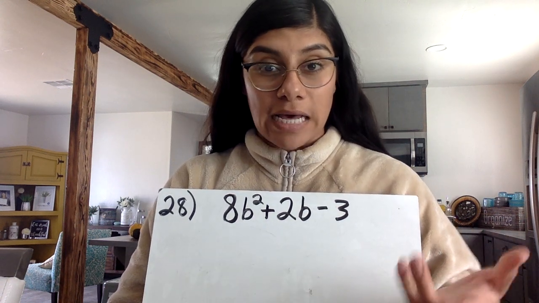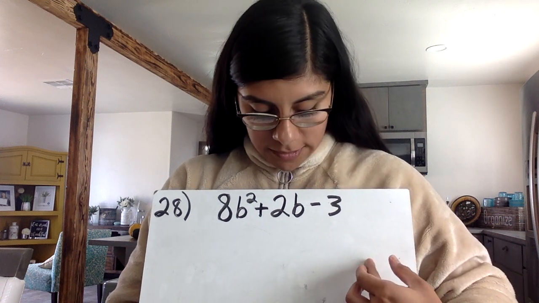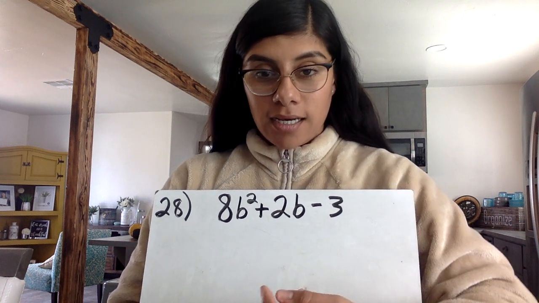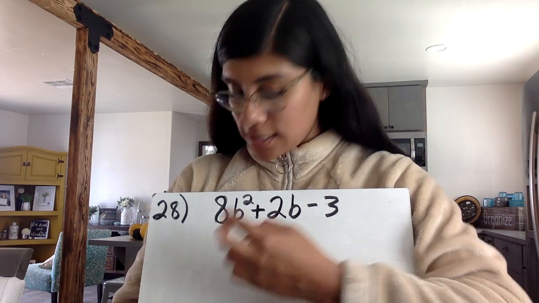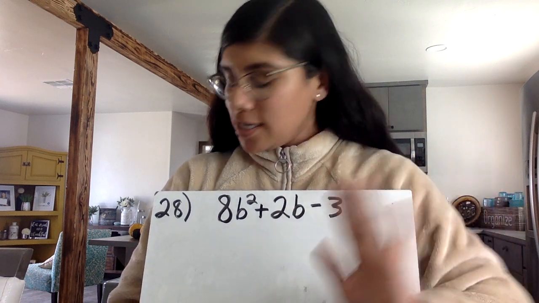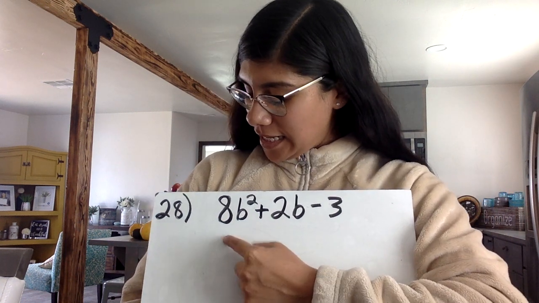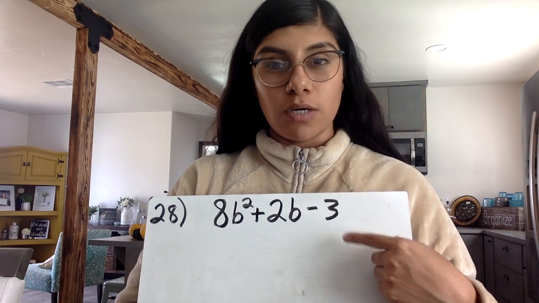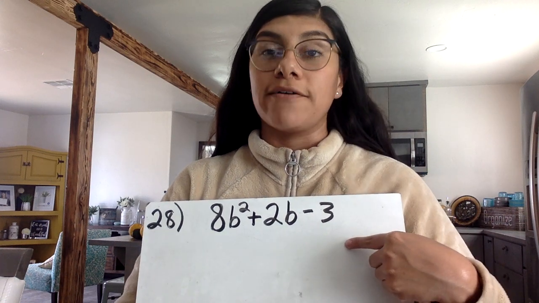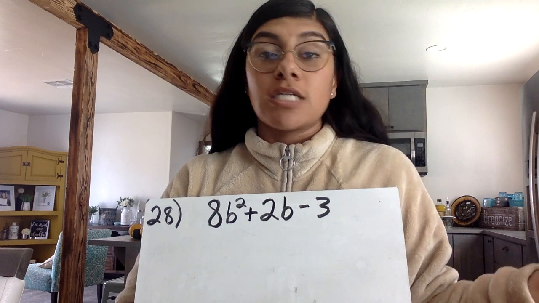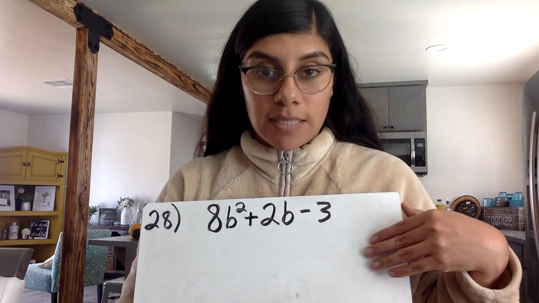A number that divides all 3 of them. And there isn't. 2 goes into 8 and 2, but it doesn't go into 3. So it has to go into every single term. If there's nothing that I can factor out, then I'm going to move on to step 3.